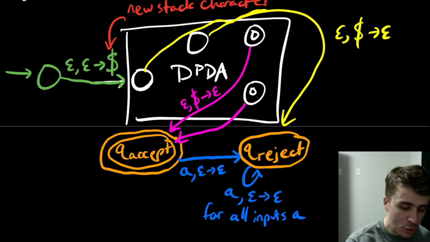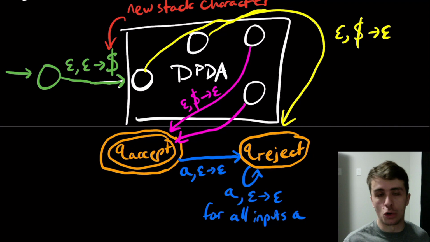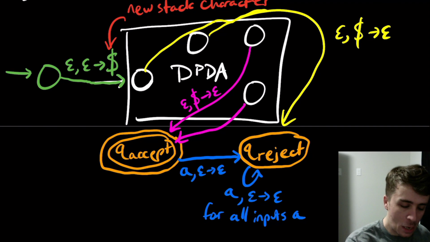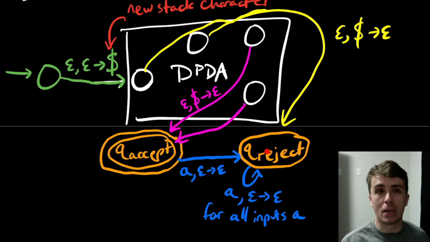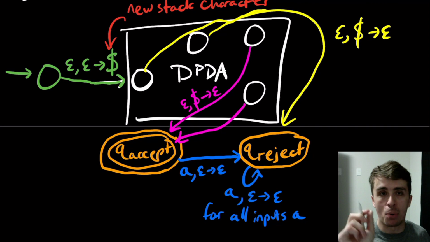I just realized you don't have to do this, but I'm going to make those states no longer final. It's not really that important, but the important thing is that we're forcing the string to be entirely read by putting this special character on and detecting whenever the stack is at that point.